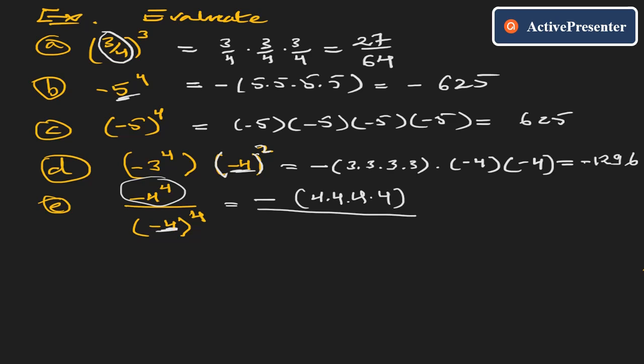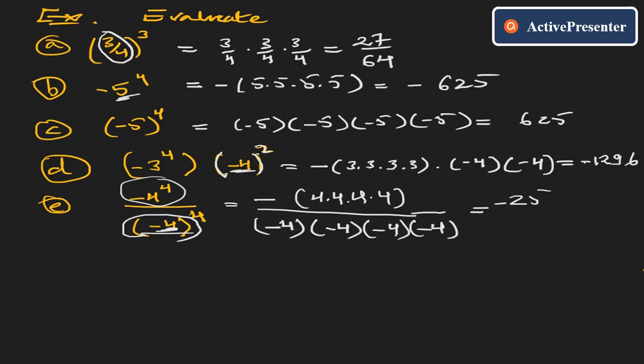Here the base is -4, so it will be -4 multiplied in -4 multiplied in -4 multiplied in -4. So our answer should be -256 over 256, which is eventually equal to -1.